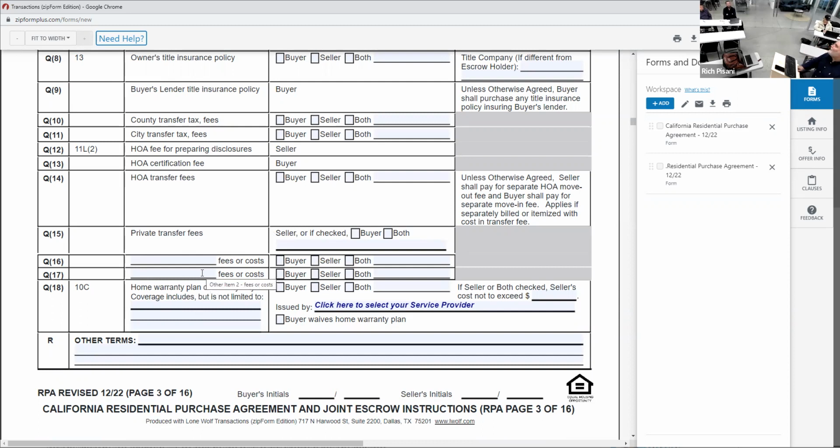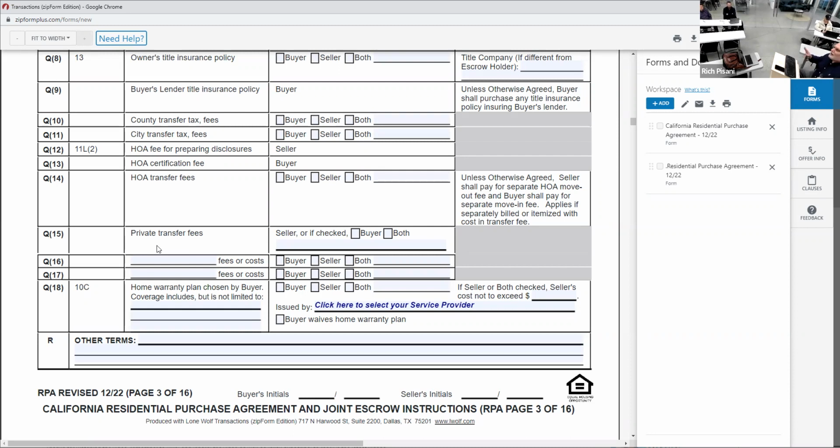A private transfer fee usually happens in new developments where they built the infrastructure, and they put on a fee to anybody moving into that, to help pay for that stuff. So then you can put in extra fees here.